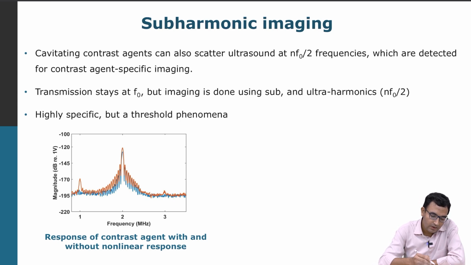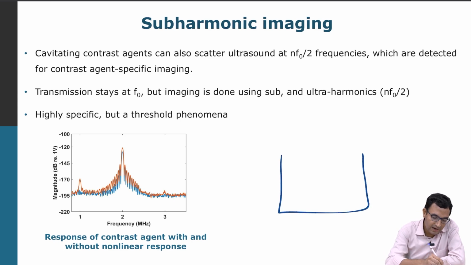Therefore, if the transmission is done at f0, but the image is created using either subharmonic at f0 by 2 or nf0 by 2 with higher order n's generating what you call as ultra harmonics, then these frequencies are specific to bubbles. They are not generated significantly through nonlinear propagation.